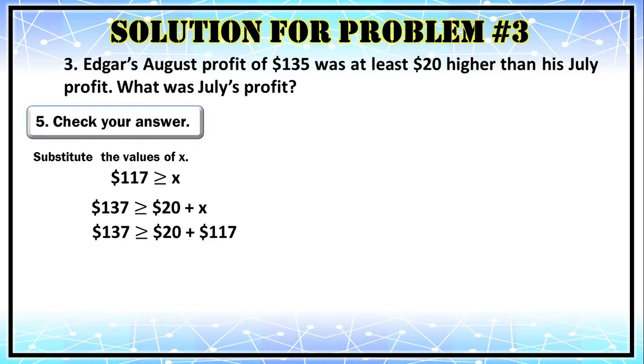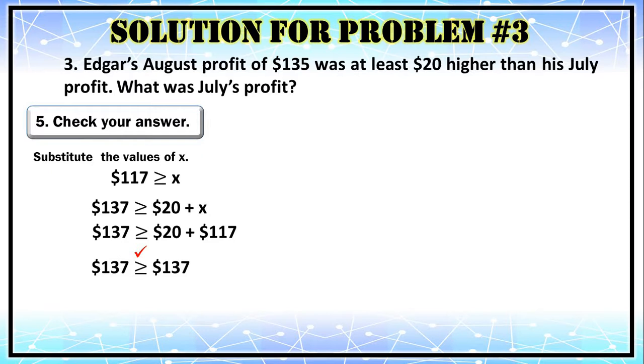So the inequality becomes $137 is greater than or equal to $20 more than $117. That is 137 is greater than or equal to 137. That is correct.